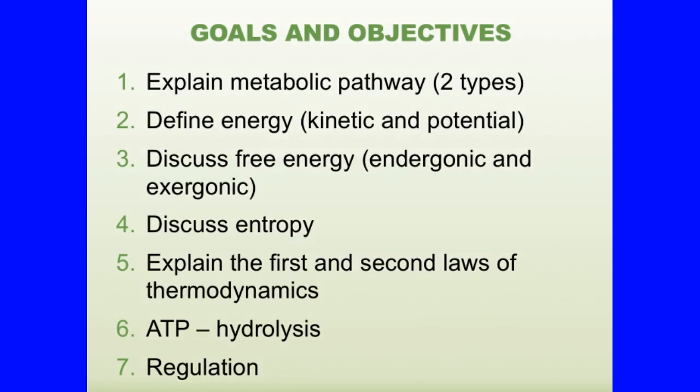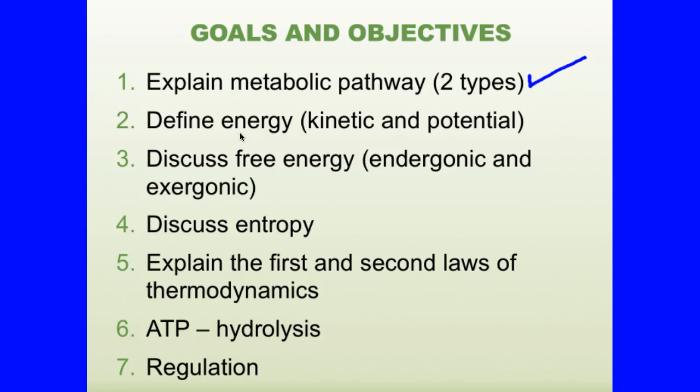So in this lecture, we have actually already explained the two metabolic pathways. We talked about catabolic reactions, which are the breakdown of a larger molecule into smaller molecules, and in result release energy, and anabolic pathways, which are smaller molecules being built up with an input of energy into much larger molecules.